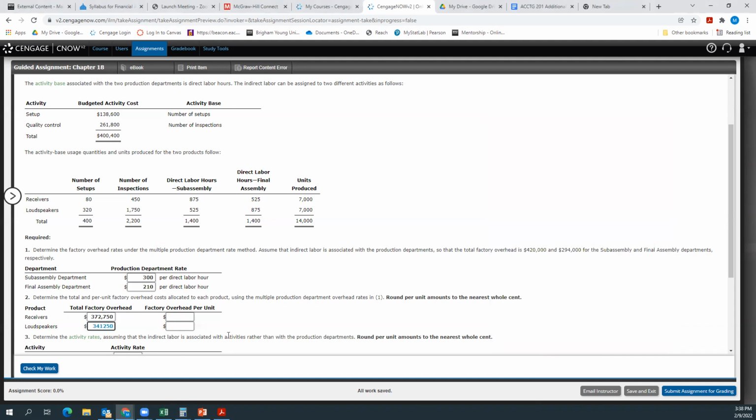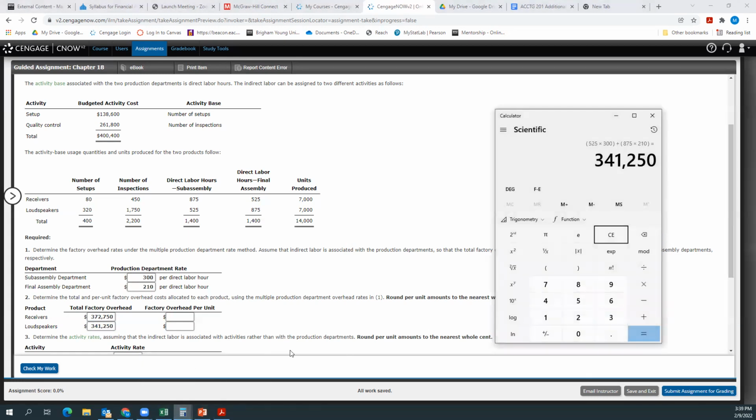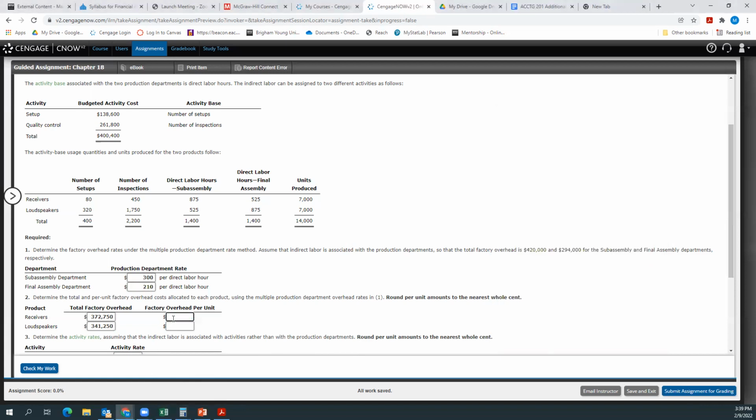And then our factory overhead per unit is just to take this total factory overhead divided by the number of units produced. So our factory overhead for receivers, 372,750 divided by 7,000 units produced gives us $53.25. Something seems a little off. Nope, that seems right. 53.25.